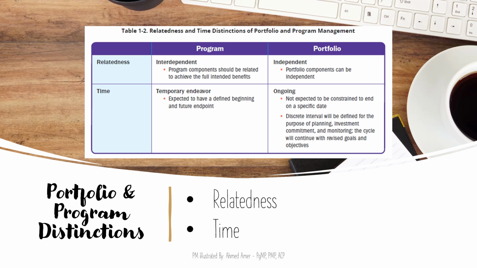Examples of this grouping can be the use of technology, target client, geographical location, shared resources, or even something else. The second attribute here is time. Programs are temporary and expected to end even if they span multiple years or decades, while portfolios can be ongoing as they cover investments, operations, and organizations' strategic objectives.